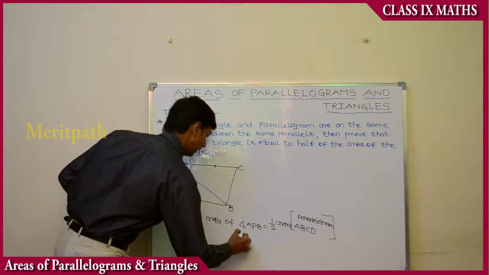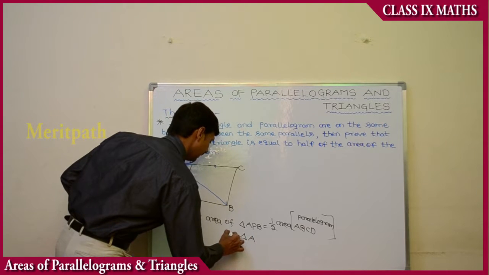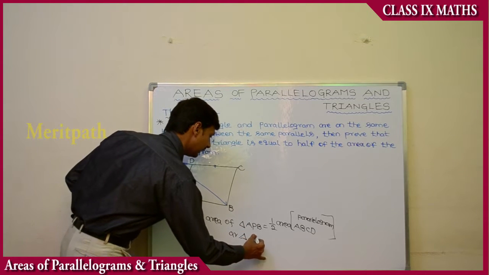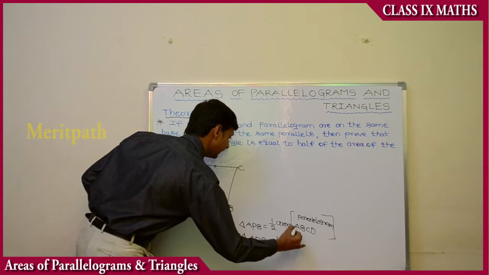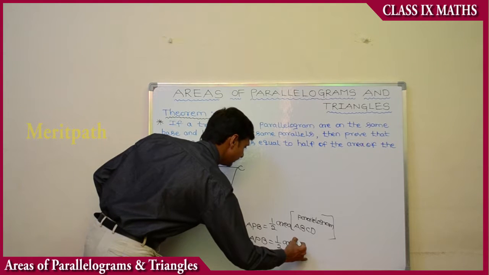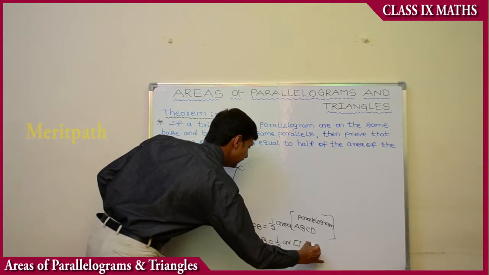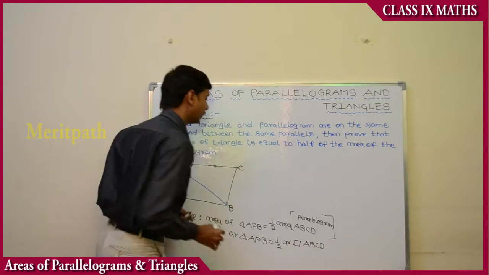In short, area of triangle APB is equal to half of the area of parallelogram ABCD. So we need to prove this.